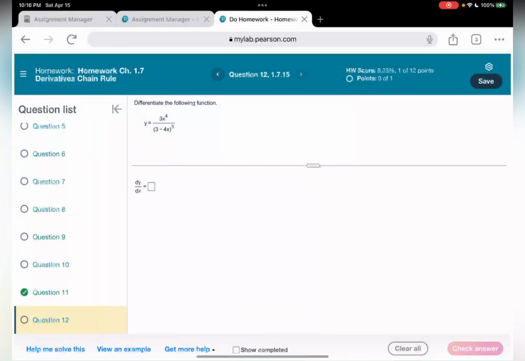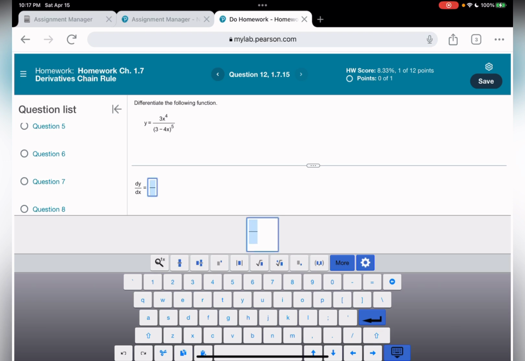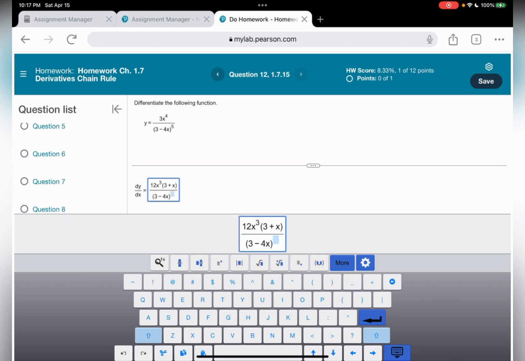Okay, so we have fraction. On the top we have 12x to power 3, parentheses, we get 3 plus x, closing parentheses, and then in denominator we get parentheses, and we get 3 minus 4x, parentheses, and to power 6.